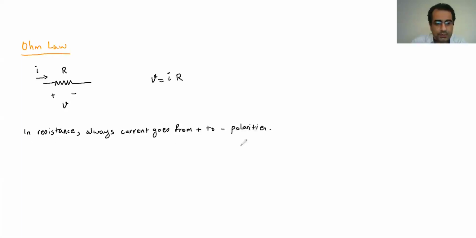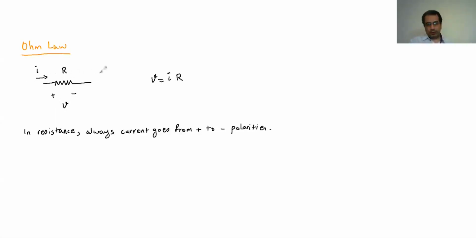It is very important. Later on, we will need to know that it is always like that. Always current goes from positive to negative. Always. So if we know the polarities, which end is positive and which is negative, I always goes from positive to negative.